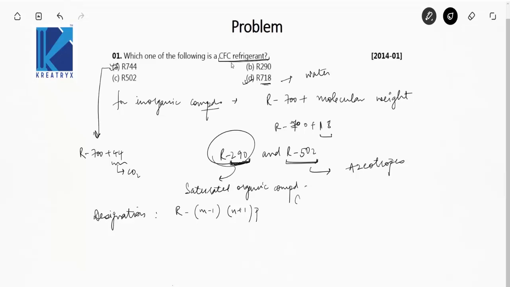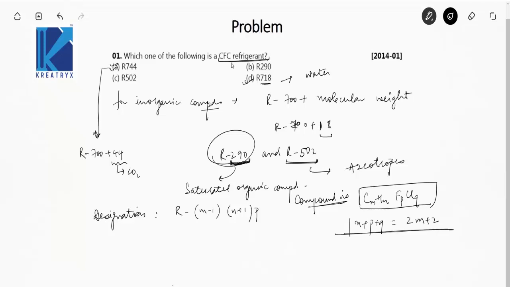The compound is given by CmHnFpClq. So now you understand what M, N, P and Q are. And there is one more relation for saturated organic compounds from where we can calculate these: N plus P plus Q is equal to 2M plus 2.